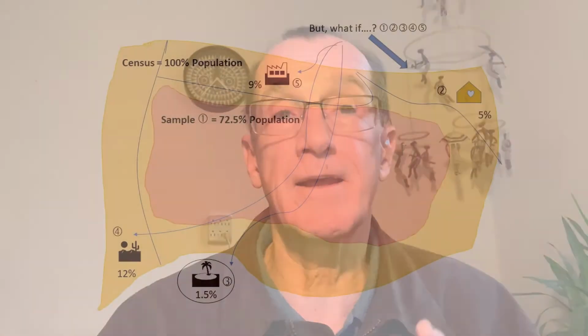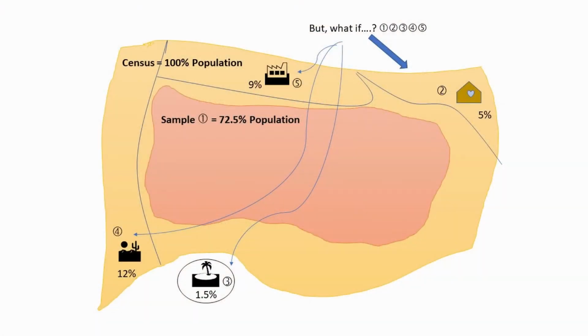In that last slide you realize, oh boy, if that corner is 5% of the population, I need to subdivide my sample and ensure that at least 5% of my sample will include that population. Now the island is 1.5%. I need to include that percentage. Whatever my total sample is, it needs to be subdivided by those percentages.